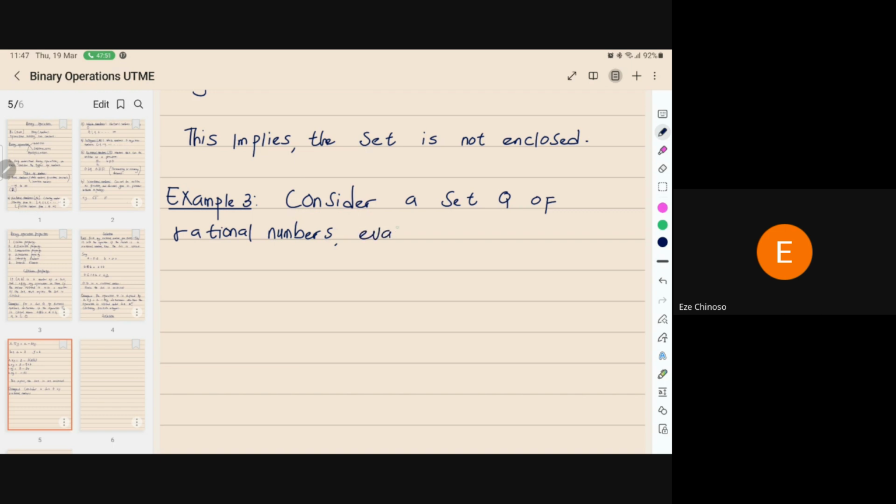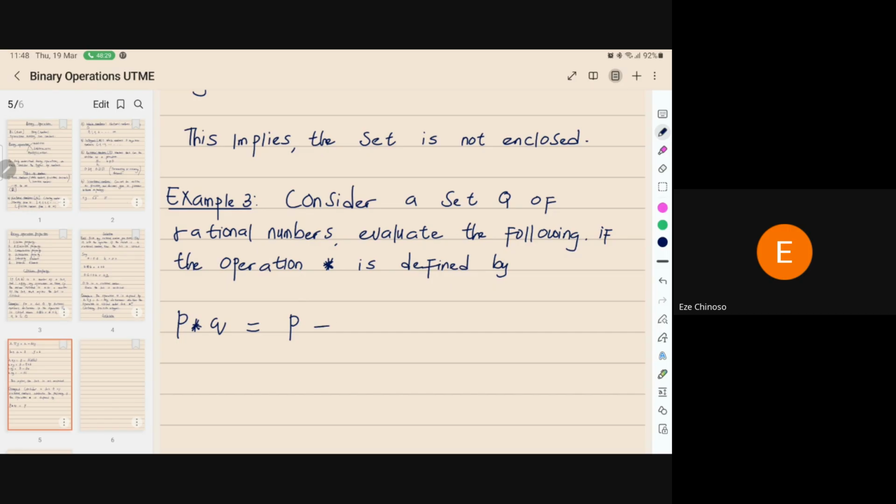Then it says evaluate the following if the operation is defined by, we have P asterisk Q is equal to P minus.